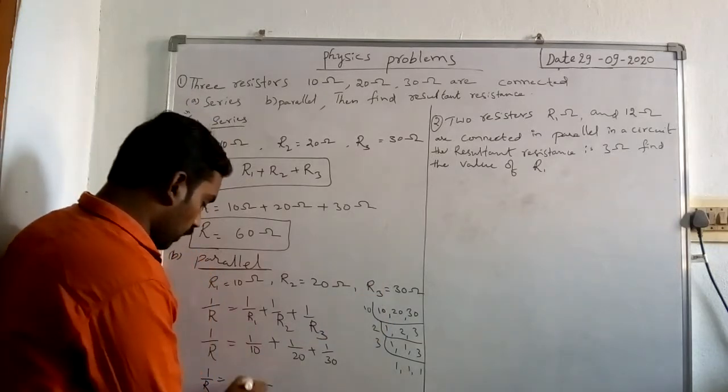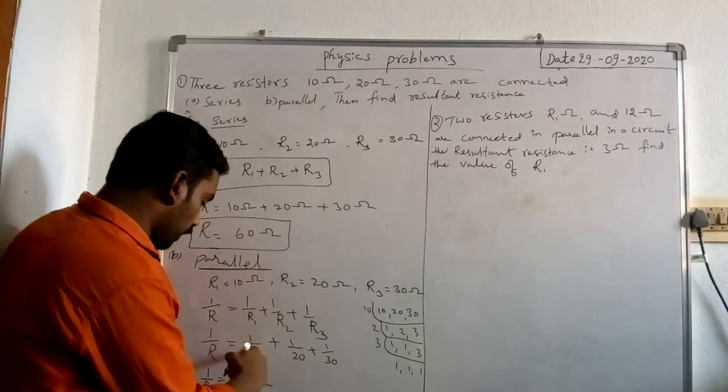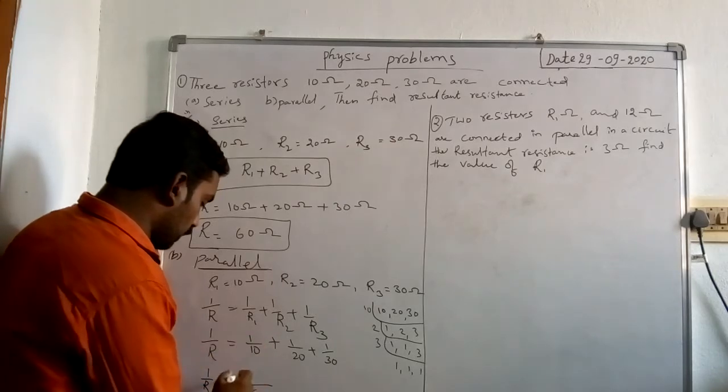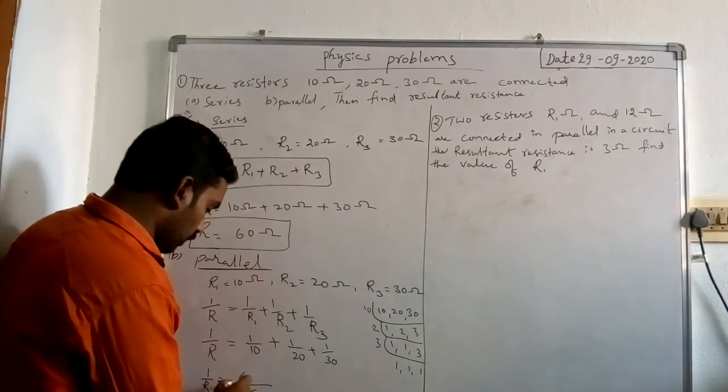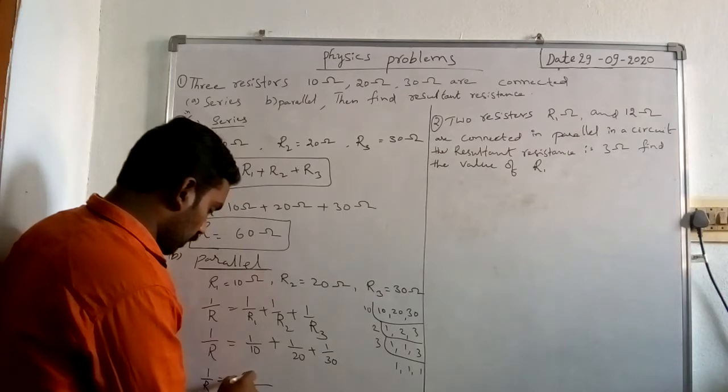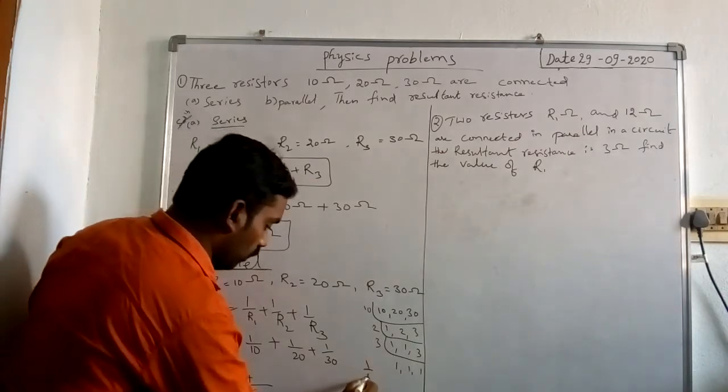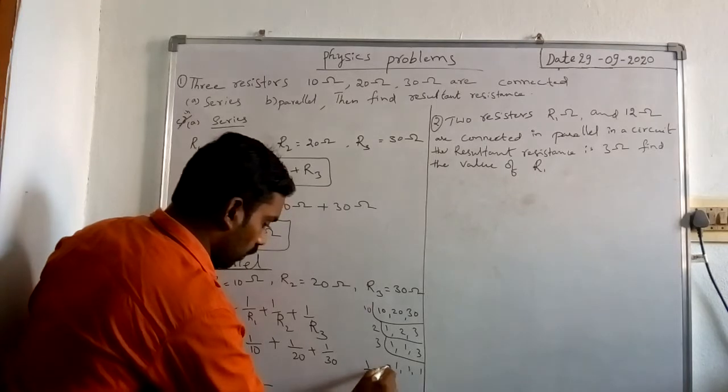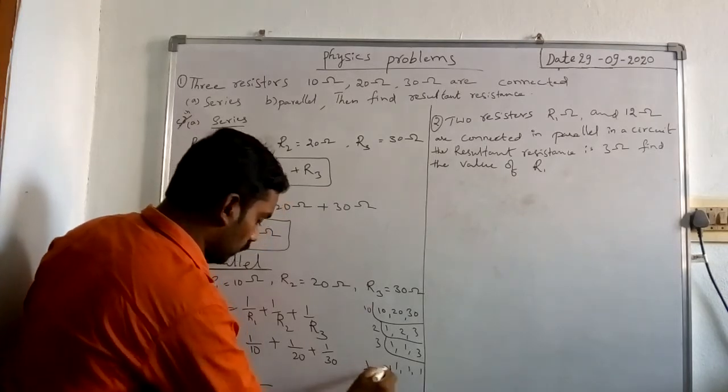For 60, here what is 60 divided by 10? 6 will come, plus here how to find 60 by 20? 3 will come, plus 60 by 30, 2 will come. Here 0 0 get cancelled, 6 1 ja 6 will get.